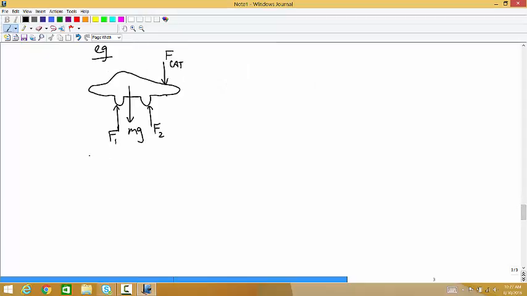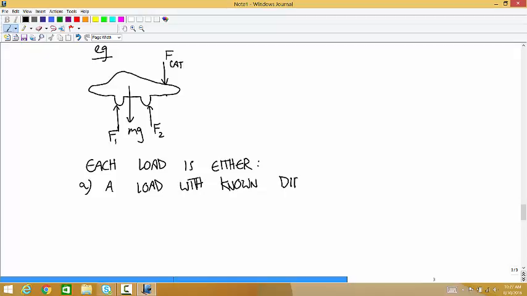Let's say each load is either a load with a known direction or a load with an unknown direction.